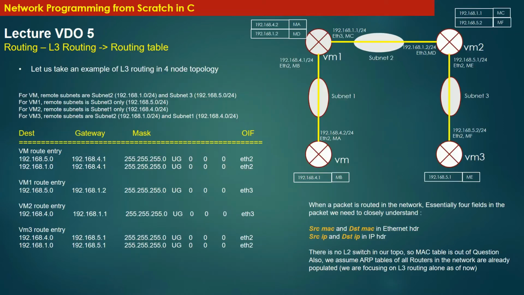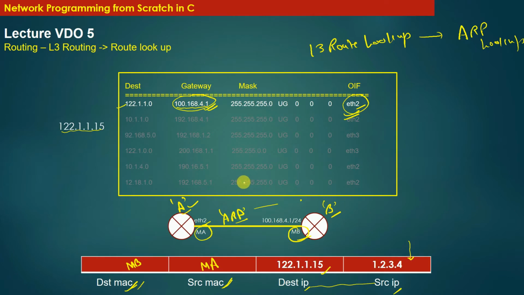So in this example, we have assumed that router A did not have the MAC address corresponding to the 100.168.4.1 IP address, and therefore it launches the ARP broadcast request.